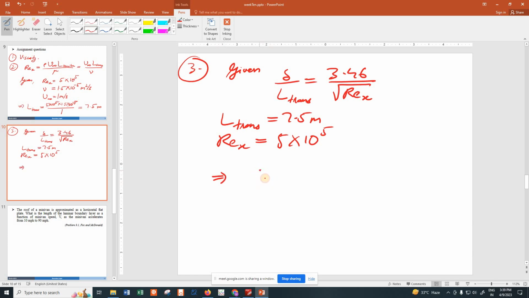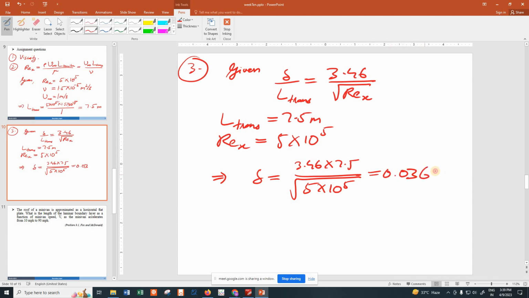So this implies that delta is equal to 3.46 into 7.5 by square root of 5 into 10 to the power 5. So this would mean 0.0367 meter or 3.67 centimeters.